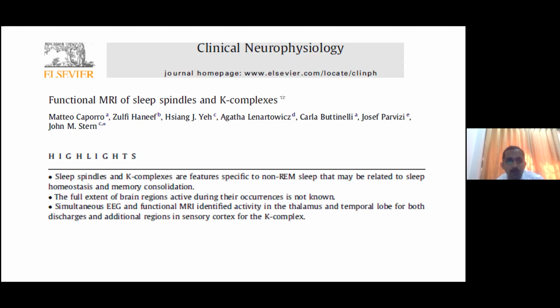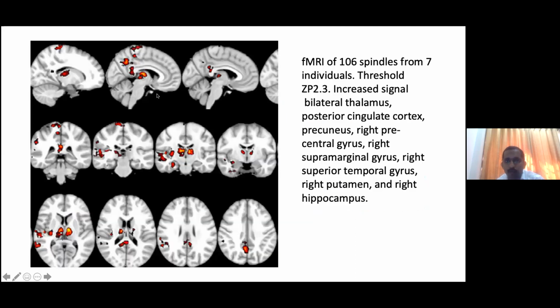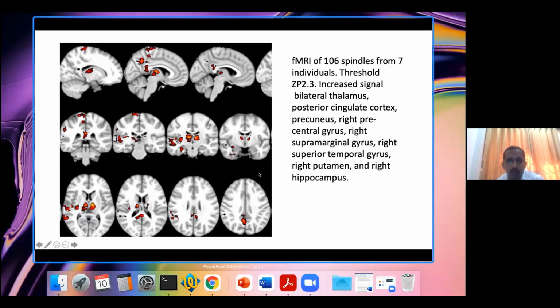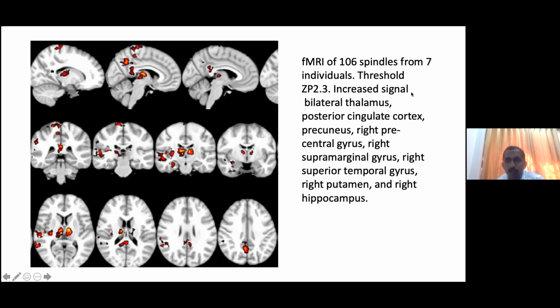In functional MRI time-locked to K complexes, the bilateral thalamus is hyperactive, the posterior cingulate is hyperactive, and also the supramarginal gyrus.